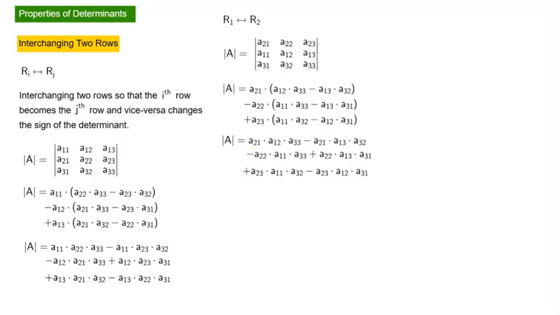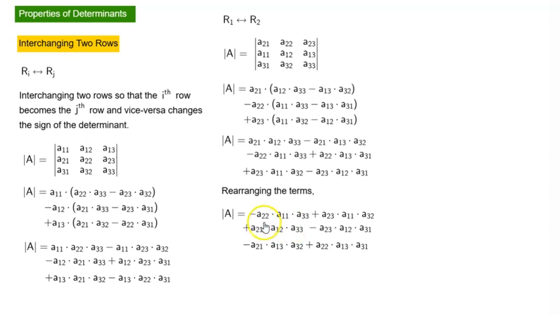Now again, we rearrange the terms. We get this, minus A22 times A11 times A33. And here, if you see, A11 times A22 times A33 is plus in the original, and here it is minus. Similarly, if we compare term by term, they are of opposite signs in each term.